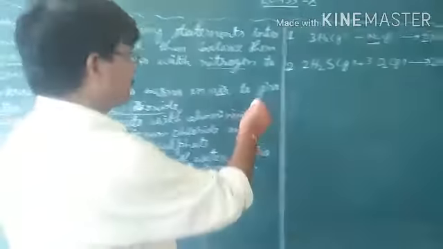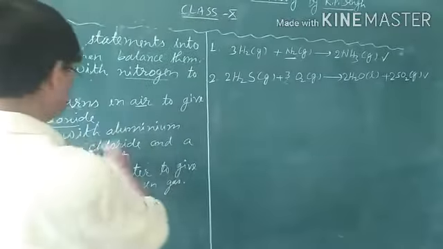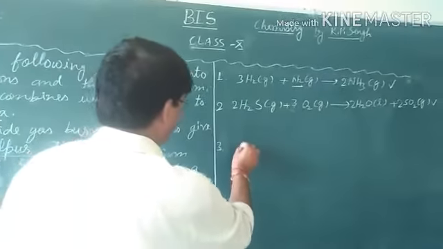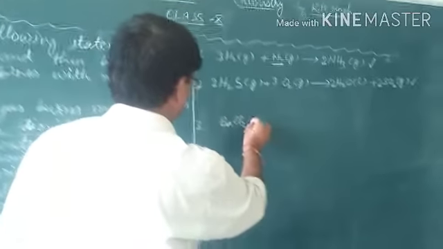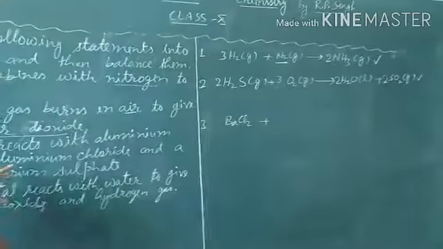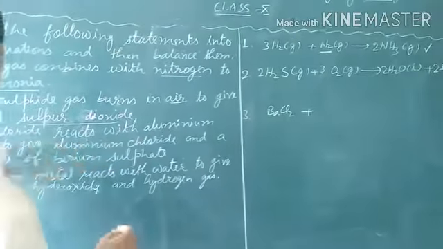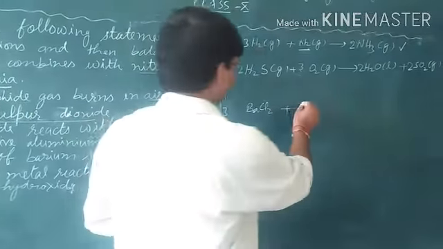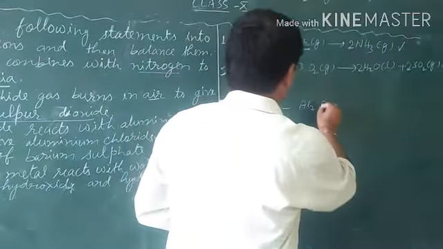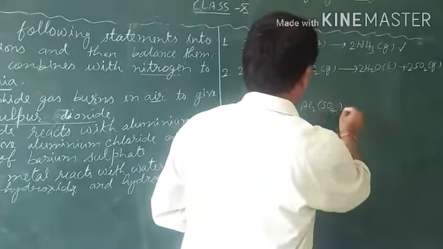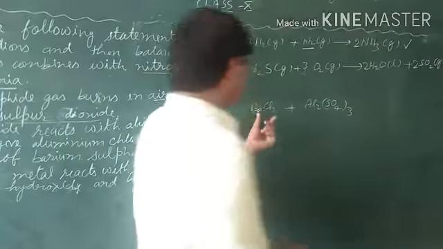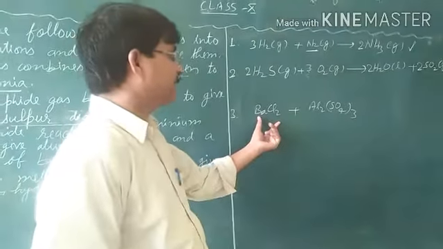Barium chloride, BaCl2, reacts with aluminum sulfate, Al2(SO4)3. This is barium chloride, BaCl2.